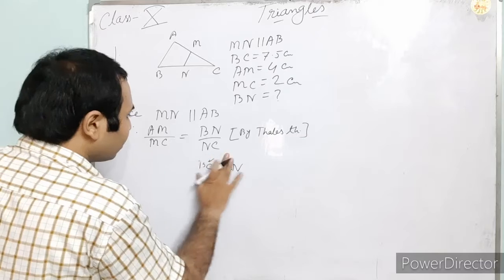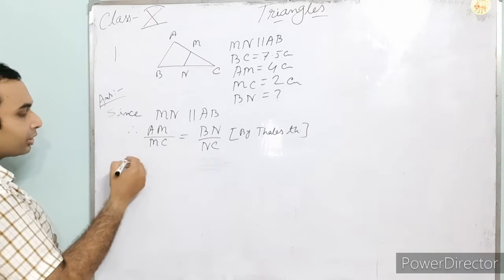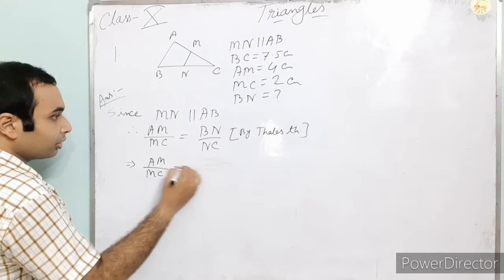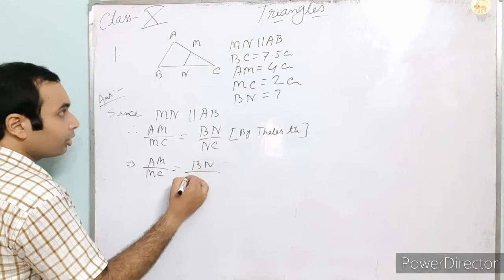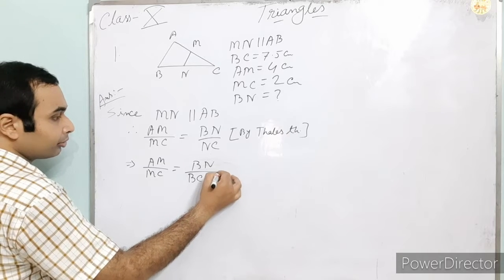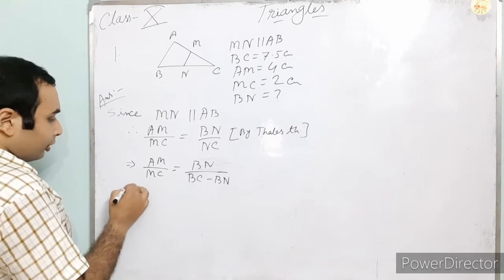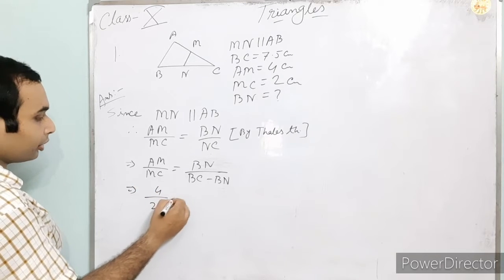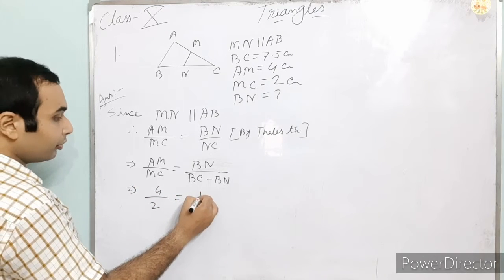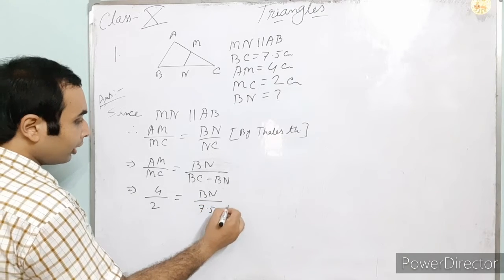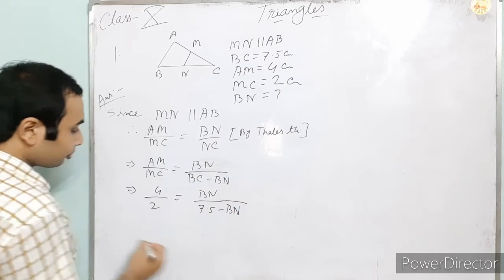Instead of NC, let us put AM by MC equals BN by BC minus BN. Then what is coming? AM is given 4, MC is given 2, BN is not given, we have to find. BC is given 7.5 minus BN.